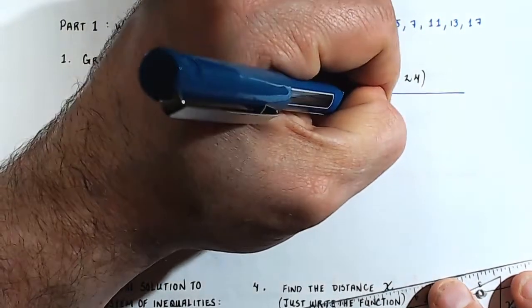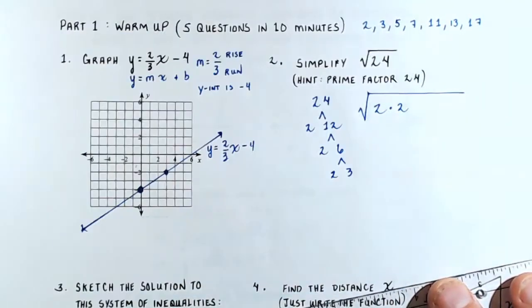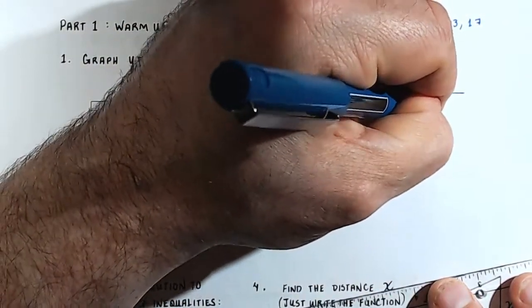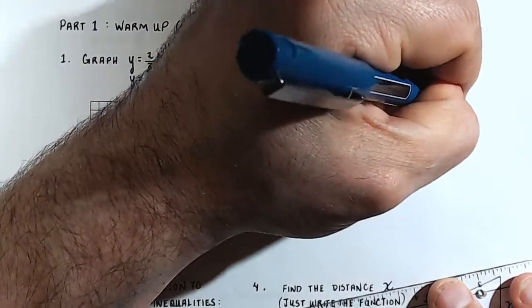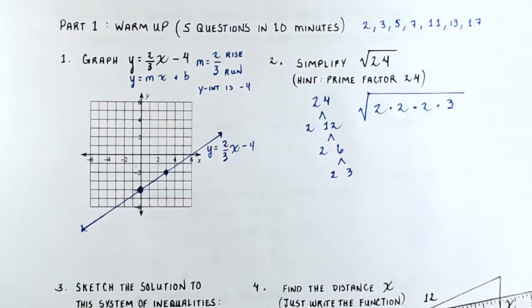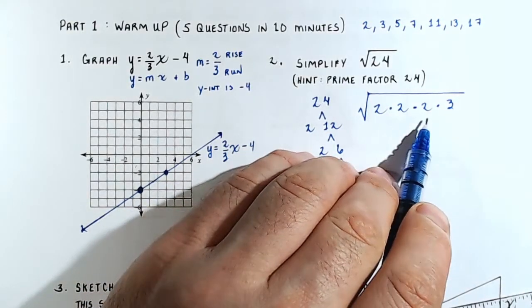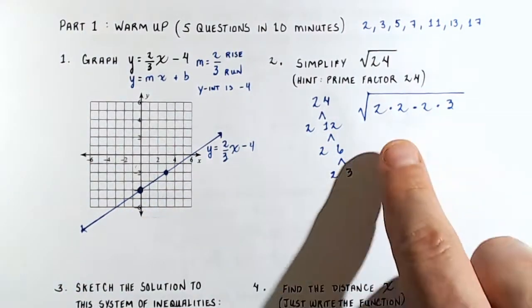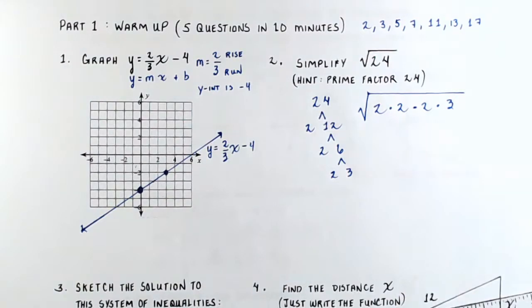So it'll look like this: 2 times 2 times 2 times 3. Okay, so far so good. 2 times 2 is 4, times 2 is 8, times 3 is 24. It's still 24 underneath the square root symbol.